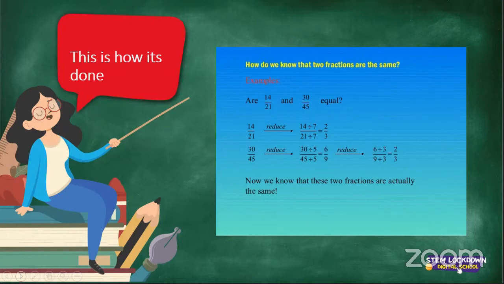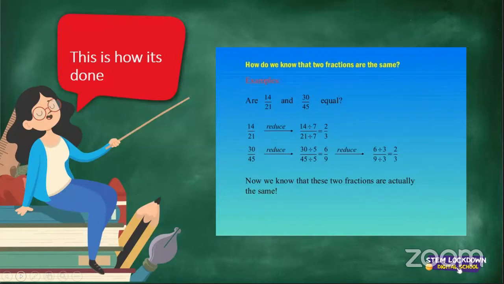If you divide 14 by 7, you'll be left with 2. If you divide 21 by 7, you'll be left with 3. Or you ask yourself, how many times does 7 go into 14? It goes 2 times. How many times does 7 go into 21? It goes 3 times. And you have 2 over 3. You have simplified, or reduced, 14 over 21.